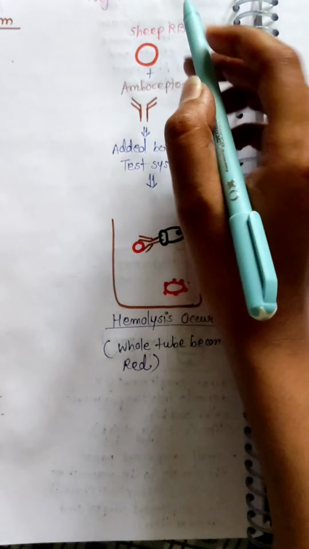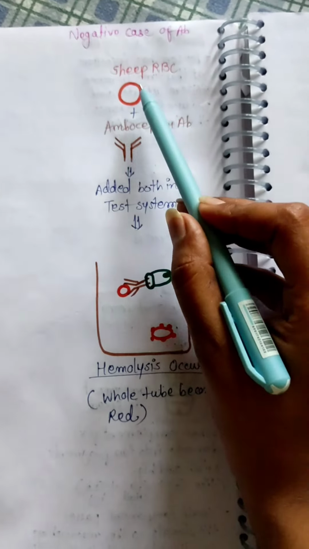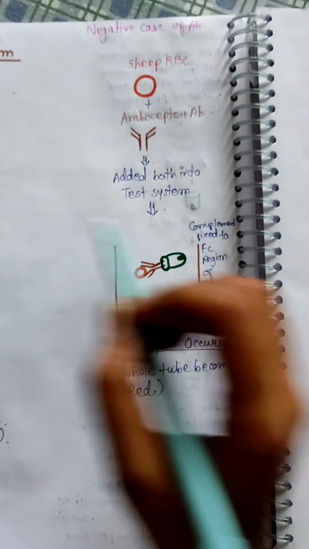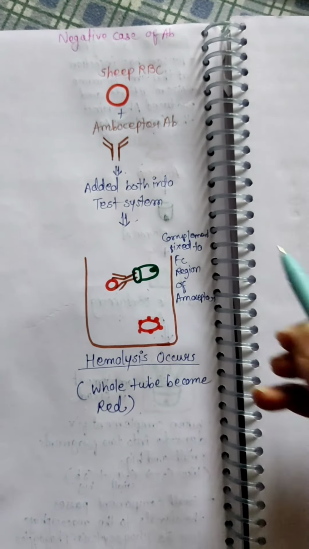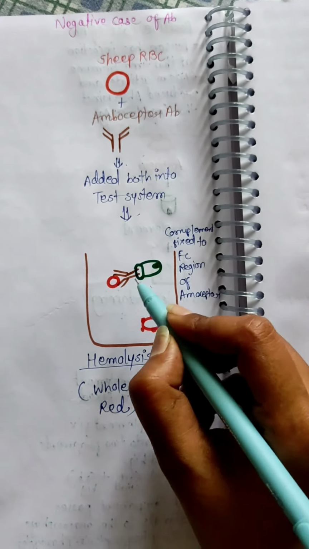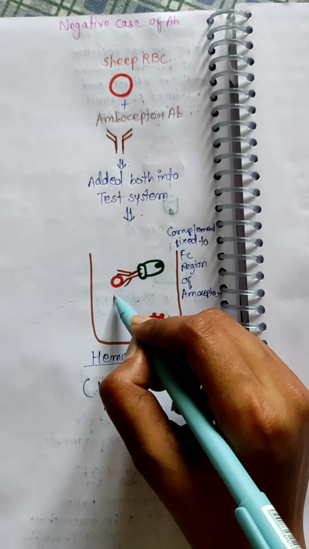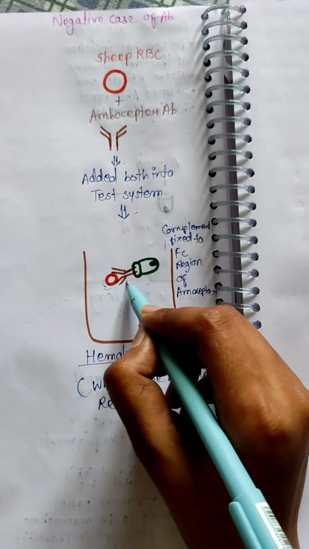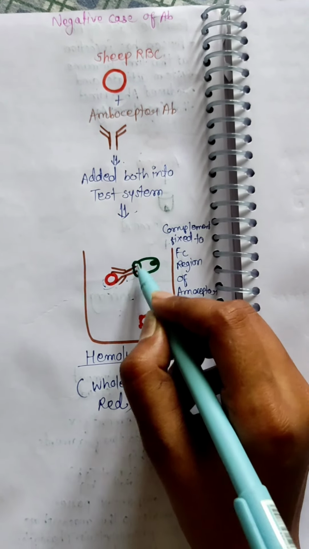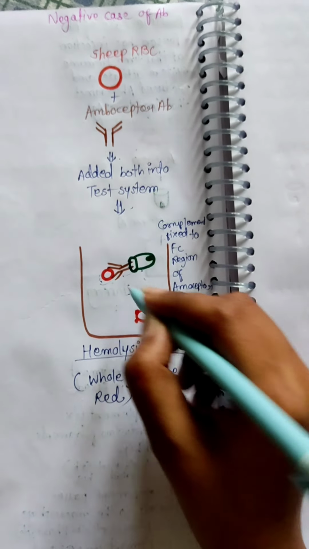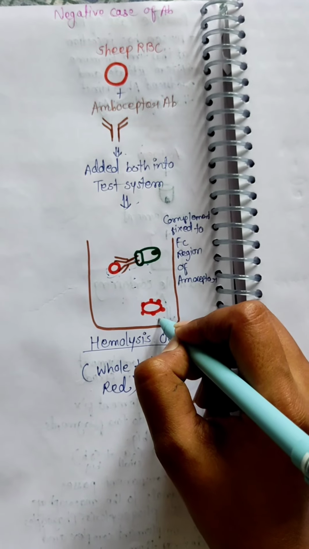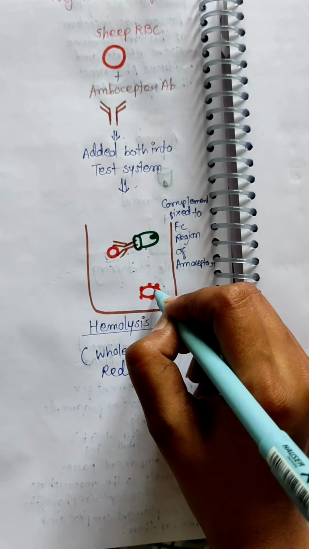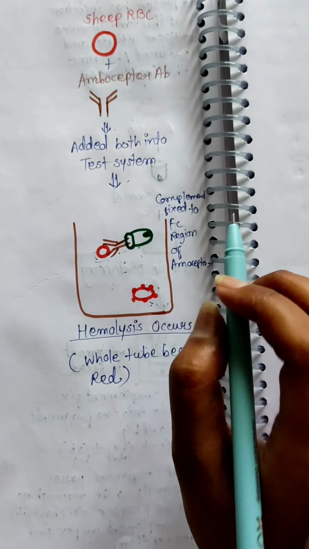But in the negative case of antibody, sheep RBC and emboceptor antibodies are added into the test system, like in the positive case. Now what happens? The complement is free, because there are no antibodies present in the patient, so the antigen will not make a complex with antibody.